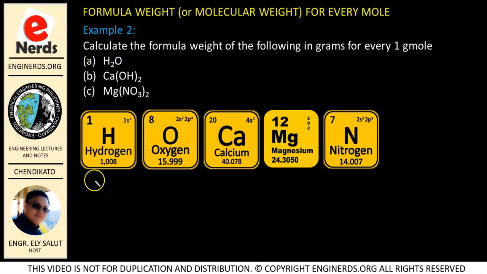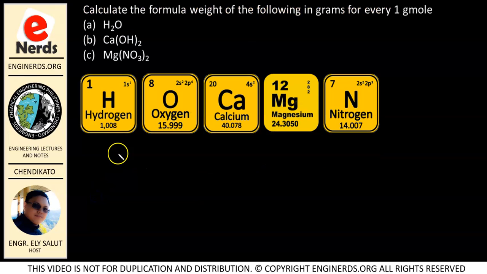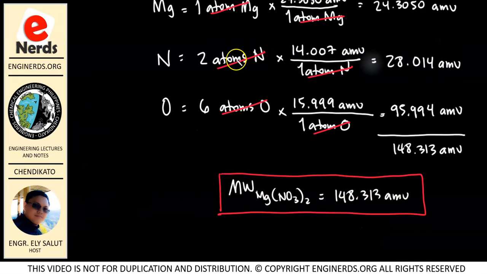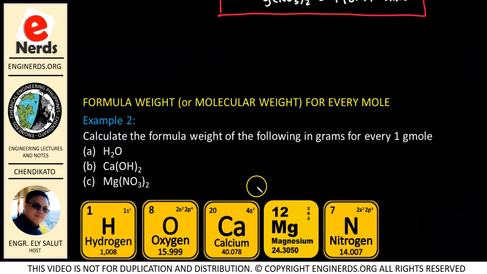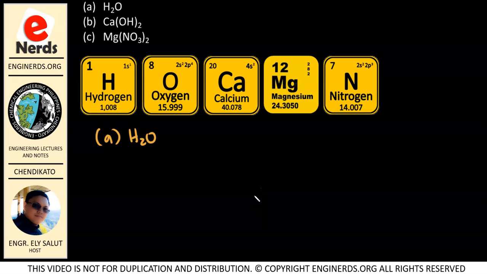So, unahin natin itong water. We will solve for water first. Okay, so hindi na natin iso-solve to in a detailed way, katulad ng ginawa natin dito, inisa-isa natin yung bawat element. We're not going to do that because you have to do that only at the beginning, sa pagtuturo ko sa inyo kung paano nyo nakukuha yung molecular weight ng compounds.